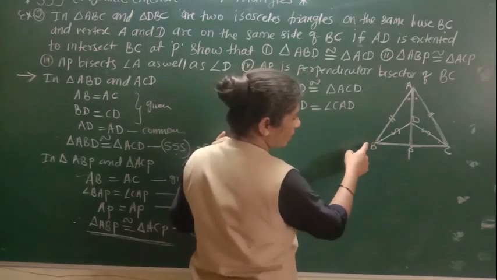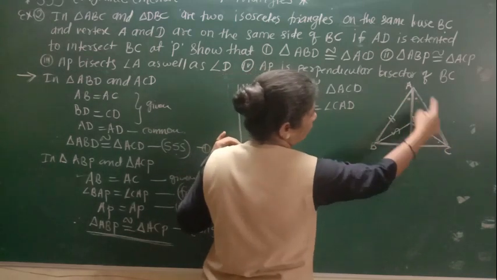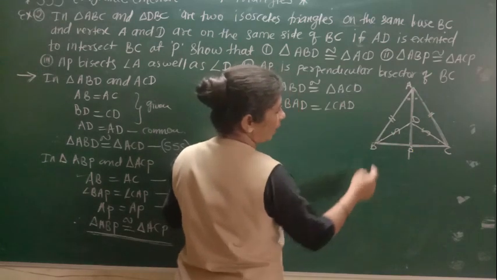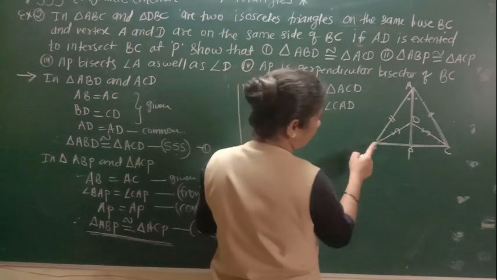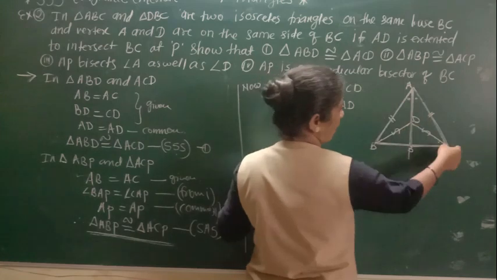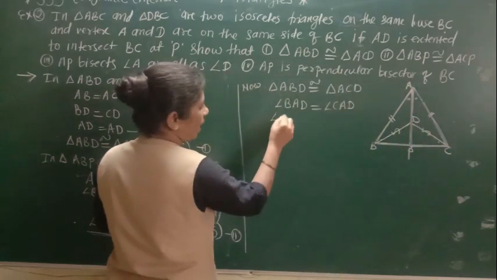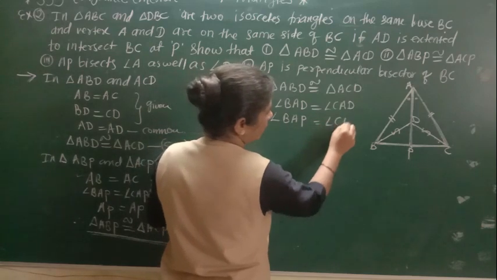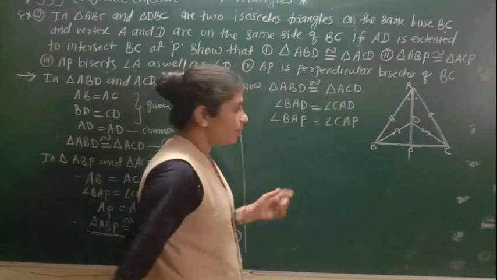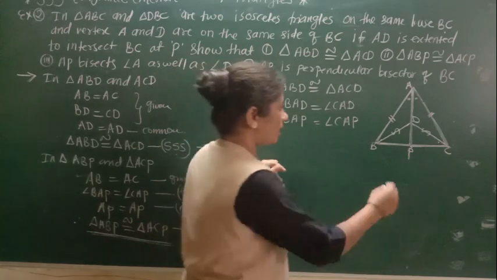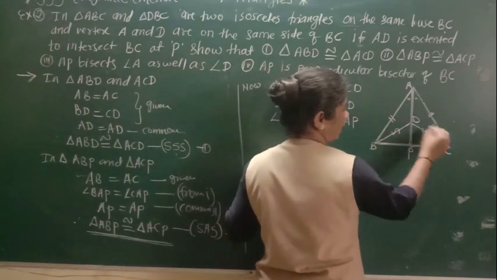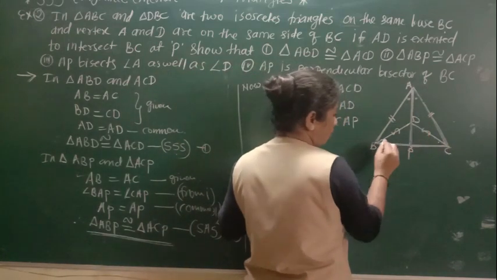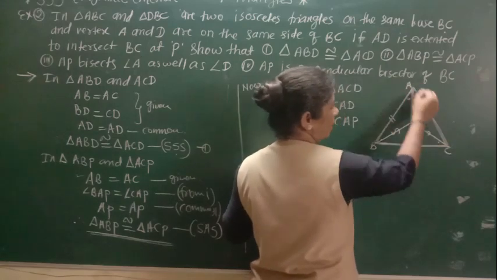Also, when we proved triangle BAP is congruent to triangle CAP, we used angle BAP equals angle CAP. So from these two statements, angle BAD equals angle CAD, and also angle BAP equals angle CAP.